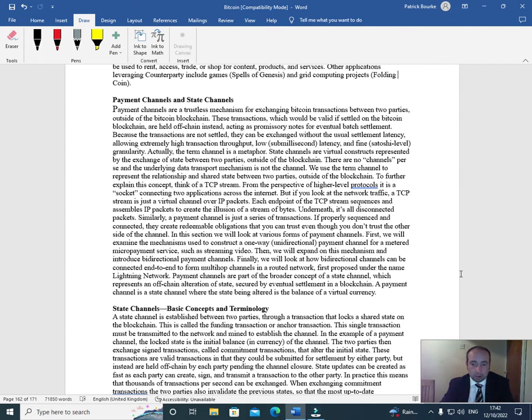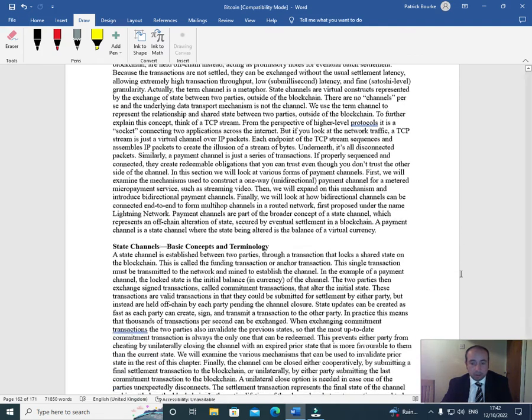First proposed under the name Lightning Network, payment channels are part of the broader concept of a state channel, which represents an off-chain alternate state secured by eventual settlement in a blockchain. A payment channel is a state channel where the state being altered is the balance of a virtual currency.